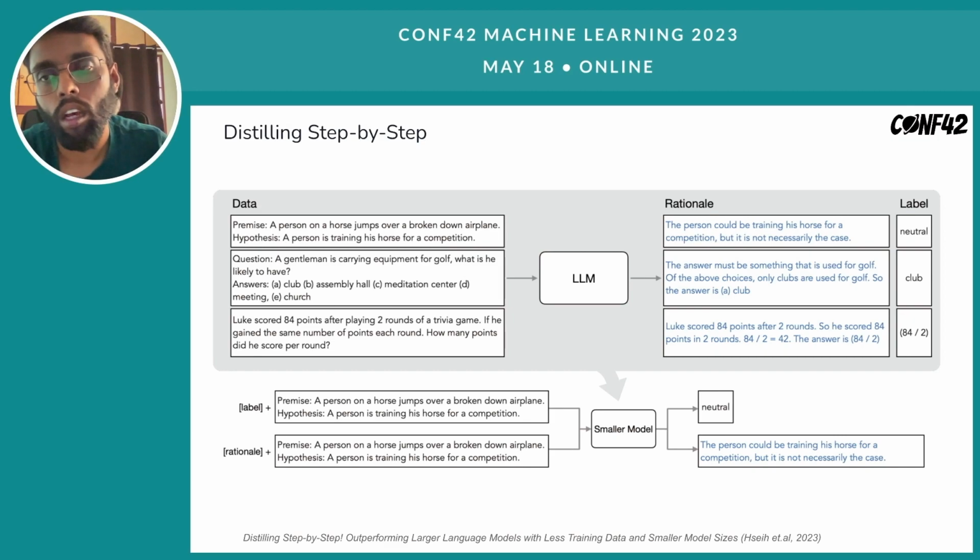So here, for an unlabeled dataset, they use a large language model like PaLM or a GPT-3 model to generate labels. Not only labels, they also ask the model to generate the rationale or chain of thought for this particular answer, and then when they distill it and train a smaller model, they train it on an objective similar to multitask training.